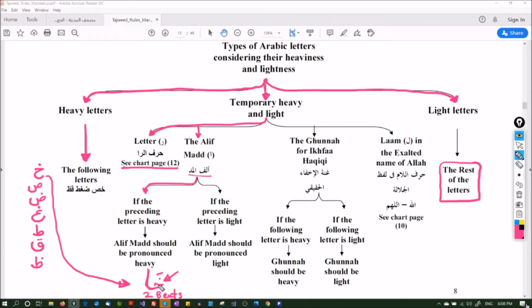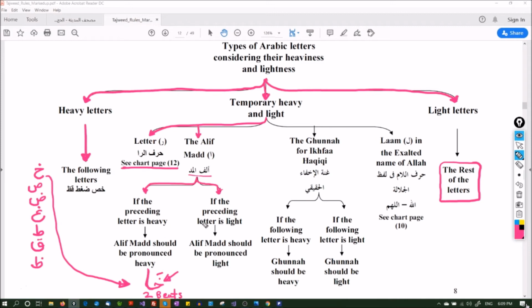Kha, kha. We're not changing the heaviness. We continued with the heaviness. So in this scenario, if Alif Mad is preceded by a heavy letter, it will continue its sound, its heaviness. Alif Mad should be pronounced heavy.